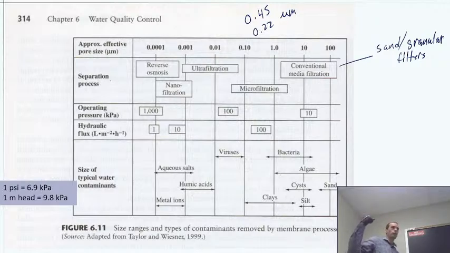That's the syringe filters, right? That's the scale we would use for that. And those would do well if you wanted to remove some bacteria, if you just wanted to get any particulate matter, that clay and stuff out of a water sample. You didn't want to run that through your instrument, you run it through a syringe filter. There you go. Now we get below that and we get ultrafiltration.